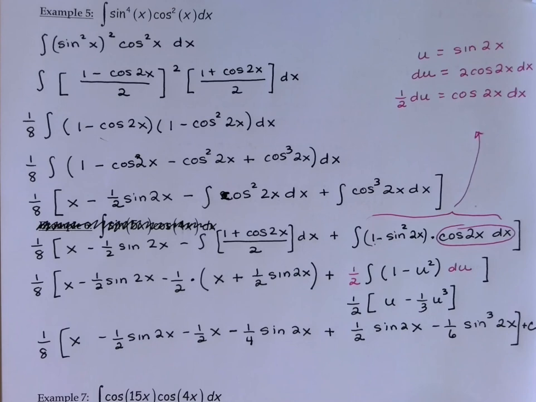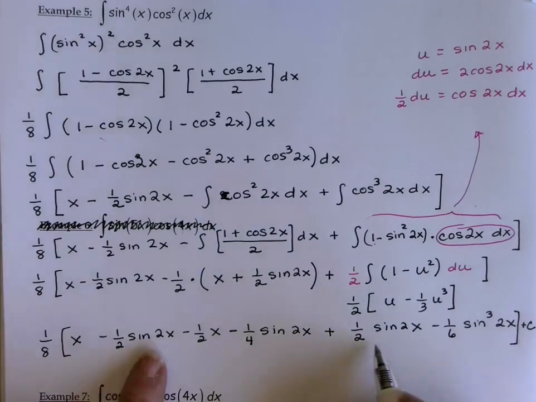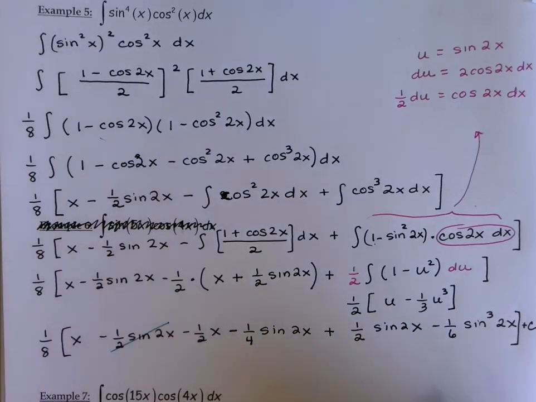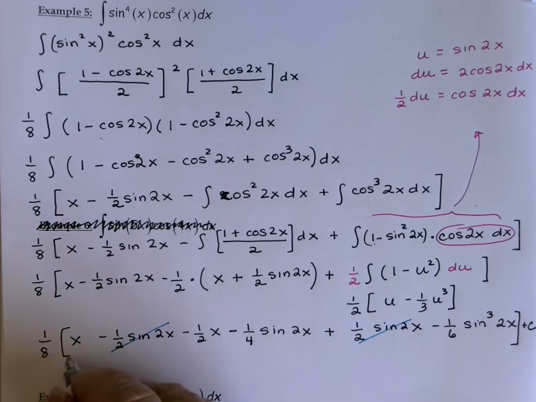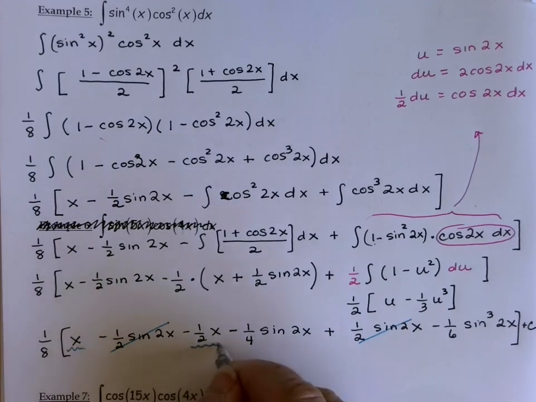All right, as if that weren't bad enough, it looks like I do have a little bit of combining of like terms that I can do. It might actually make it a bit better. I can get rid of those, right? Negative 1/2 sine 2x and positive 1/2 sine 2x. And then I can also combine the x and the negative 1/2 x.